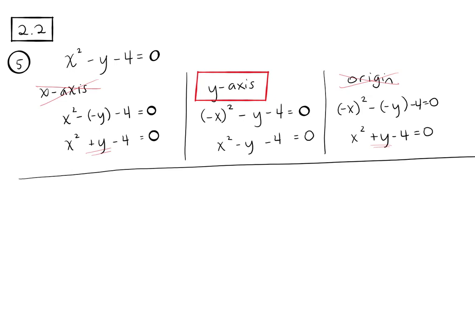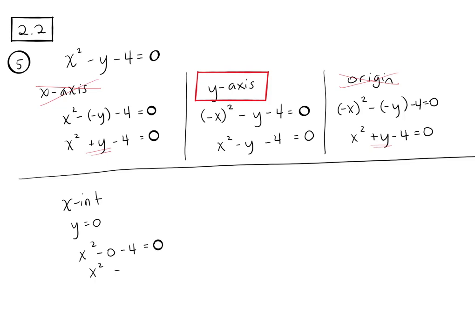We're also asked to find the intercepts for this equation. So we're going to find the x-intercepts and the y-intercepts. Recall that to find any x-intercepts, you want to plug in y equals 0. And so we're going to get x squared minus 0 minus 4.